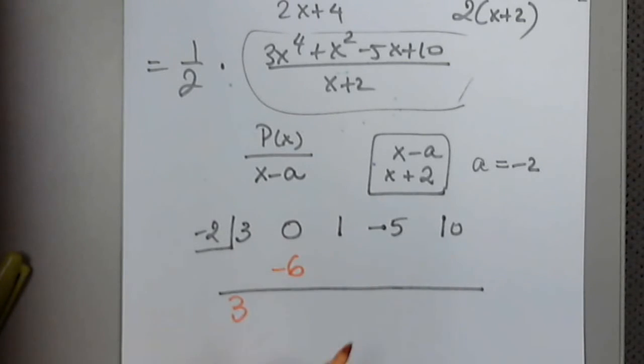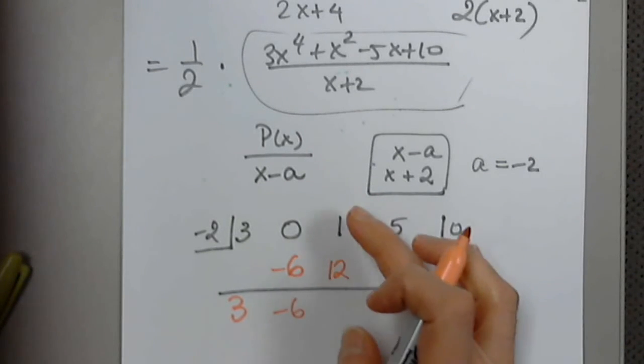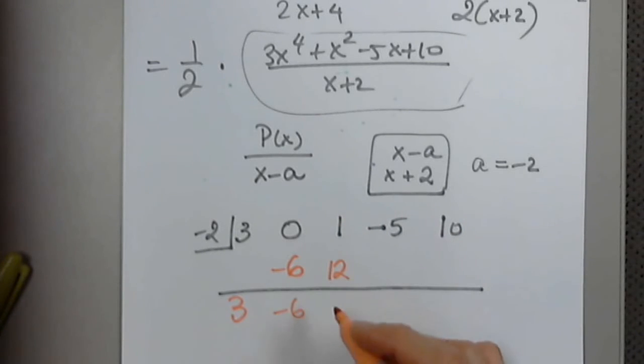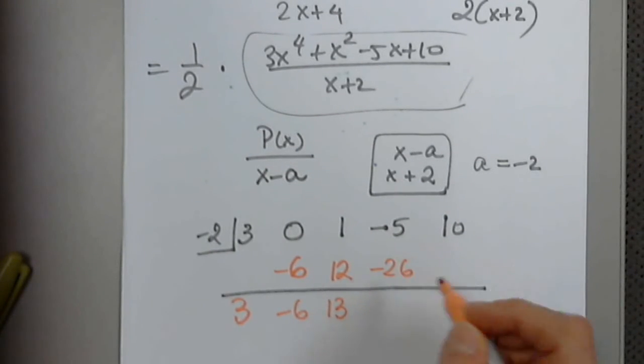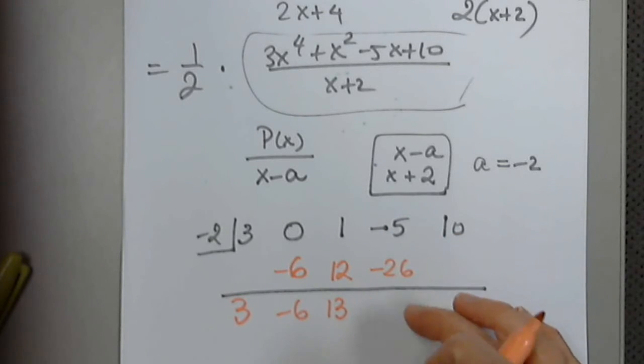Perform the operations I see. How much do I get? -6. I continue. I multiply -2 by -6. How much do I get? Very good. I perform the operations I see. I continue multiplying -2 by 13. Very good, awesome. I perform the operations I see.